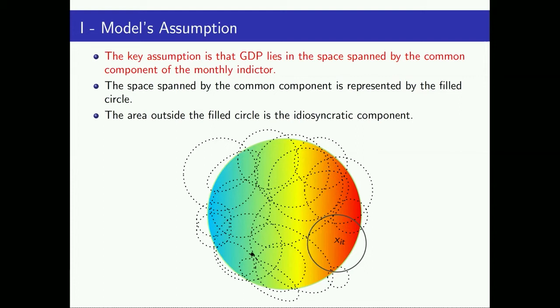This is basically related to the approximate factor model structure, but from a different perspective. Basically, the idea is the same. The only difference here is that we are considering directly the estimation of the common component of the monthly GDP, using the monthly indicators.